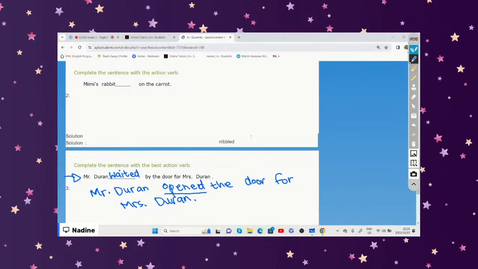So Mr. Duran waited by the door for Mrs. Duran. And with opened, we created our new sentence that is grammatically correct when it comes to the sentence construction, right?